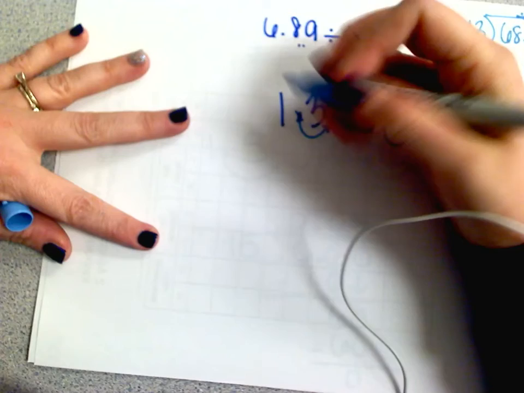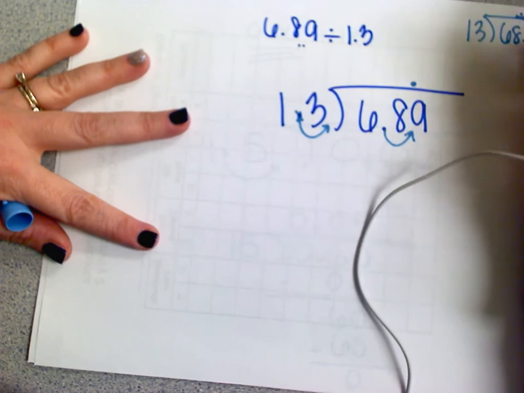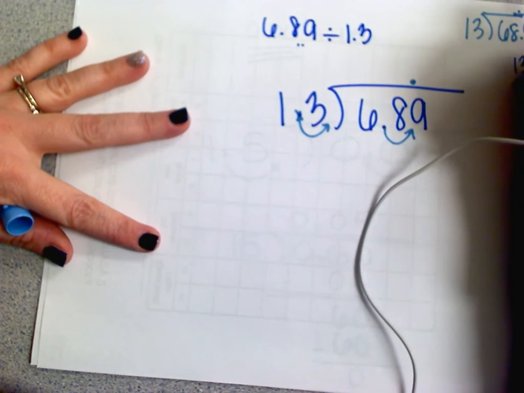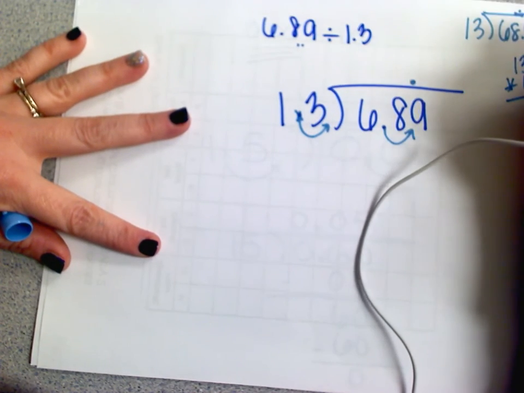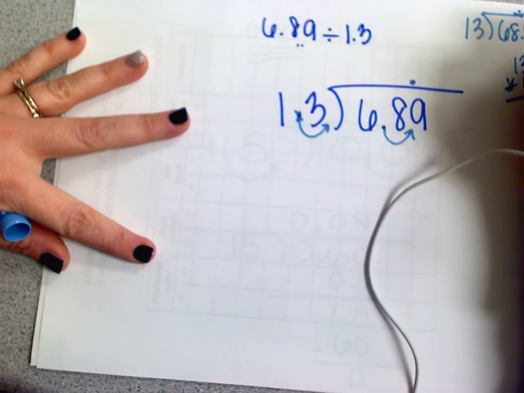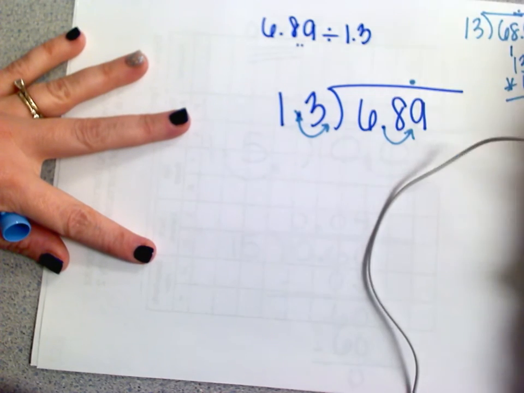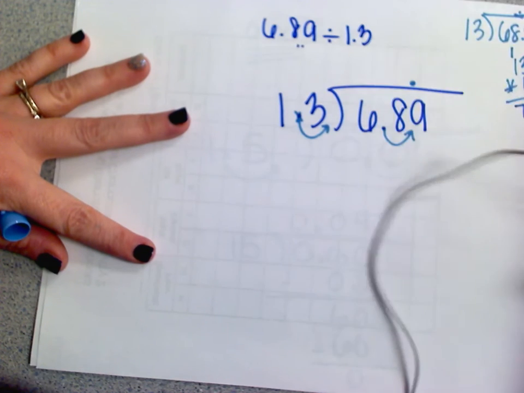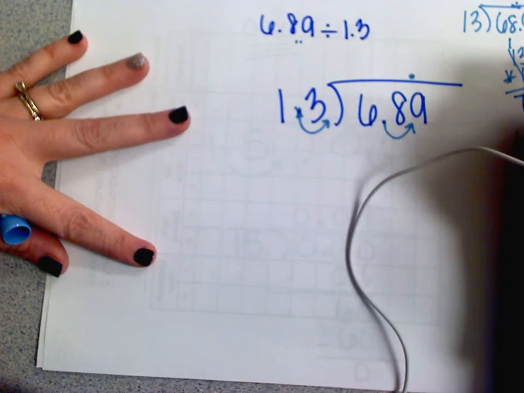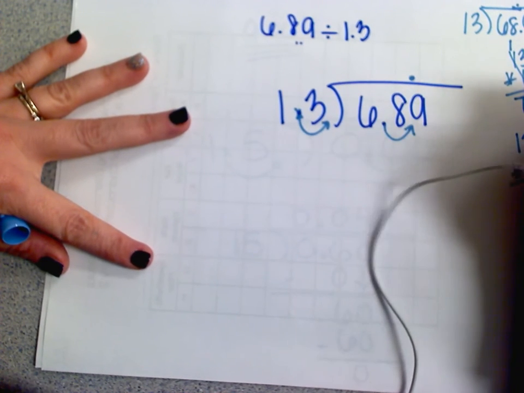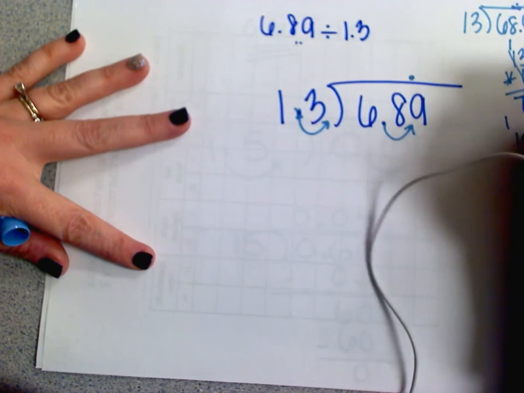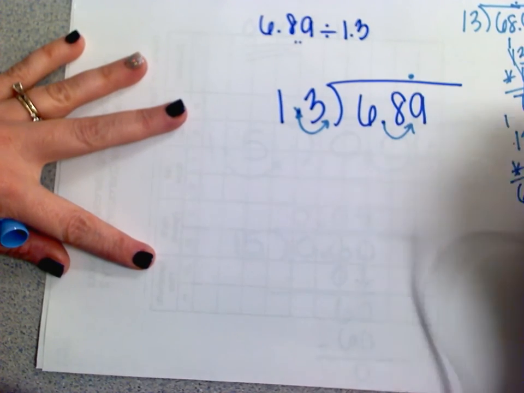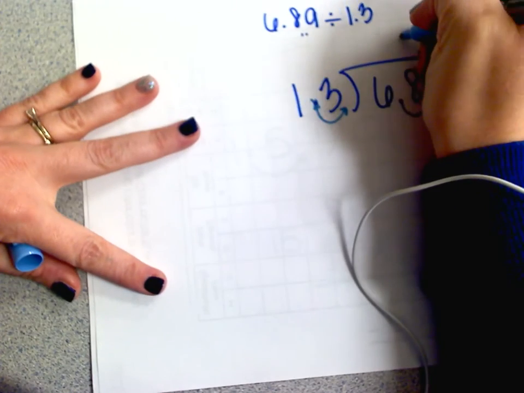So 10 times 6 would get me close to 60. Let's try 6. 13 times 6. 3 times 6 is 18. 1 times 6 is 6 plus 1 is 7. Oh man, too much. Let's try 5. 13 times 5, 3 times 5 is 15, 5 times 1 is 5, plus 1 is 6. That'll work. Put the 5 up top.